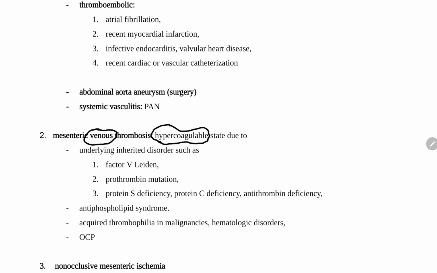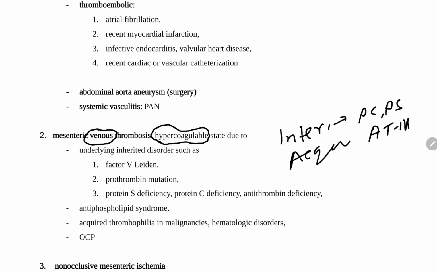The main causes are inherited and acquired. Among the inherited, protein C, protein S, and antithrombin 3 deficiency, and very rare, but maybe factor 5 Leiden and prothrombin mutation.